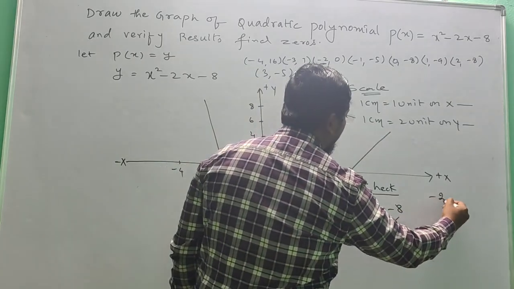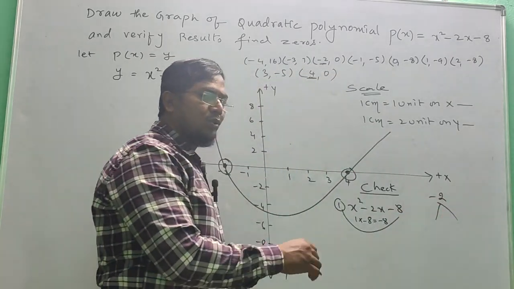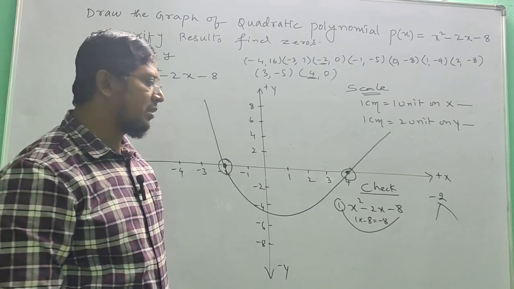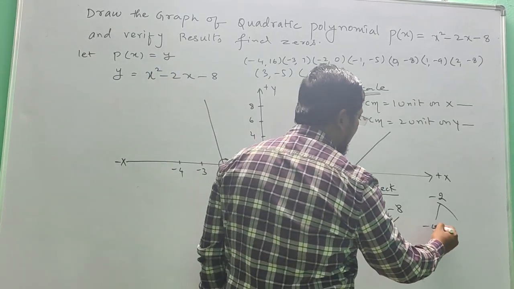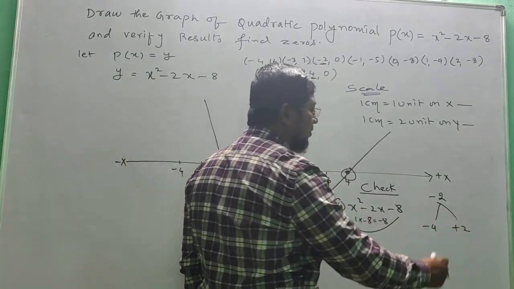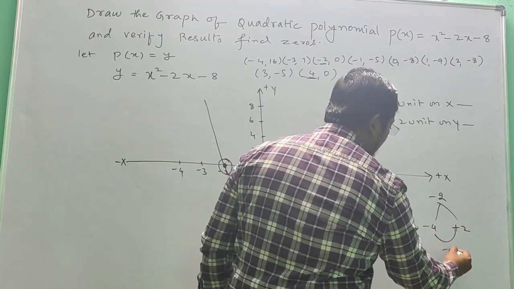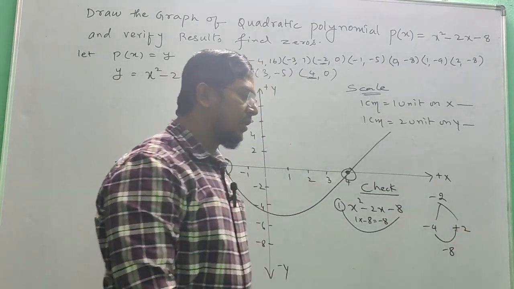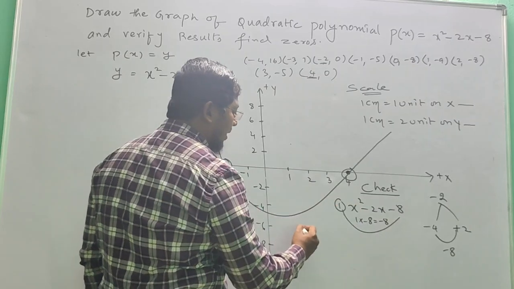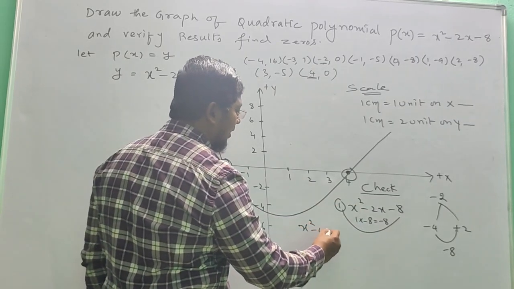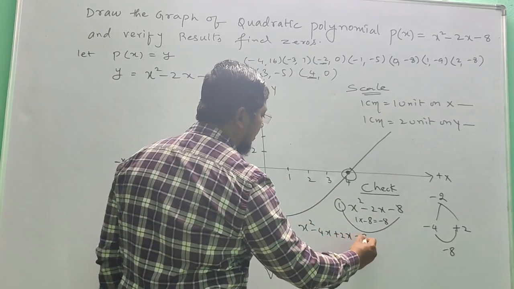The middle term we have is minus 2, and that minus 2 should be split into 2 parts: the first is minus 4 and the other is plus 2. Minus 4 plus 2 is minus 2, and minus into plus is minus, 4 2s are 8. So in place of minus 2x we write minus 4x plus 2x minus 8.